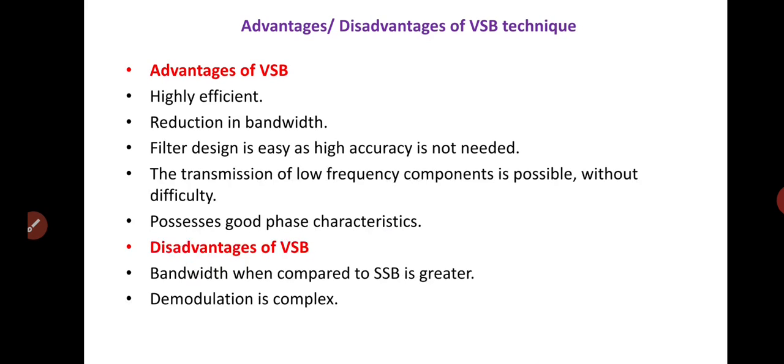Along with the upper sideband, a part of the lower sideband is also transmitted in this technique. A guard band of very small width is laid on either side of the VSB in order to avoid interference. And this technique is mostly used in television transmission.